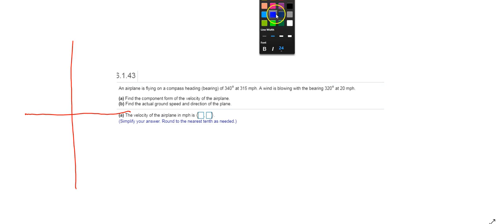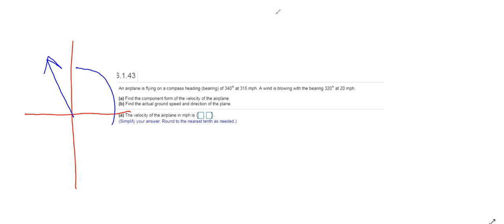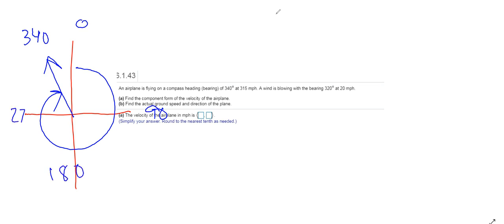Okay, so if the plane is heading at a bearing of 340, that's got to be something like this right here, because right there is a bearing of 340 degrees: 0, 90, 180, 270. If I draw this triangle in from here to here, can we find the components of it?